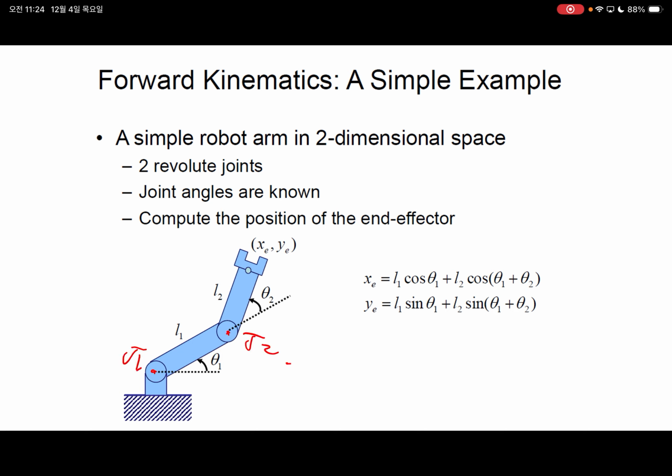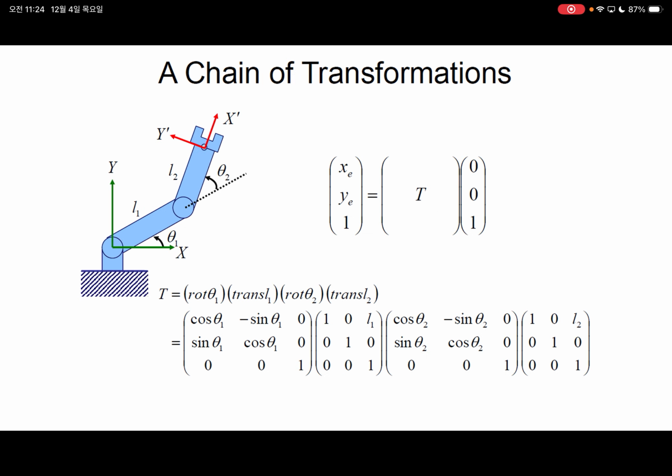The joint angles theta 1 and theta 2 are known, and we'd like to compute the position of the end effector, XE and YE. Our goal is this one. In 2D space, we can know that the position is this one, right? This is just high school math, right? But this is just 2D space and 2 joints, a very simple example. How can we get a generalizable mathematical representation? That is about forward kinematics.